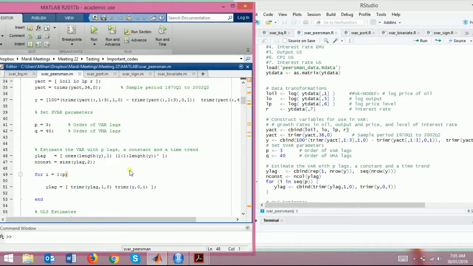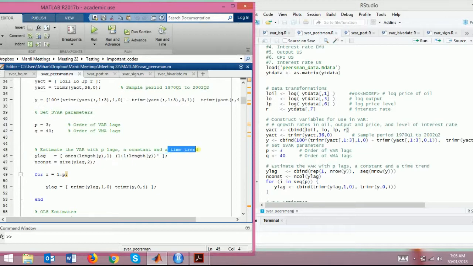The way that we have defined before, y lag is once, then length of y transpose. Why am I doing this like that? That was not necessary. However, okay, because I have a constant and a time trend. Constant is fine. Lags and constant we have worked with.